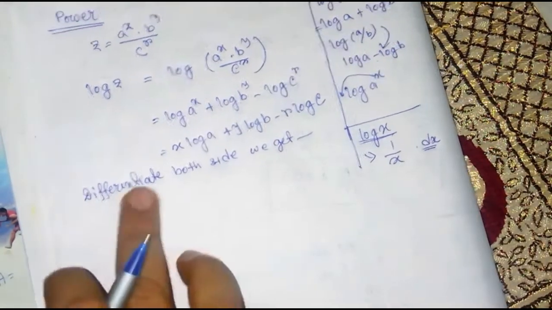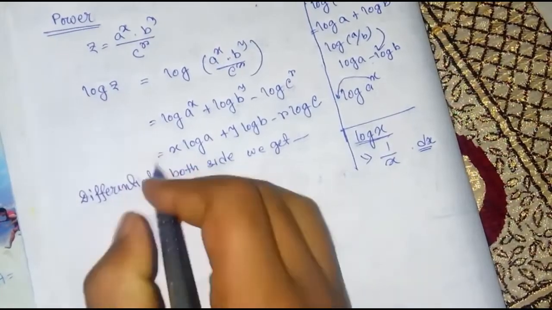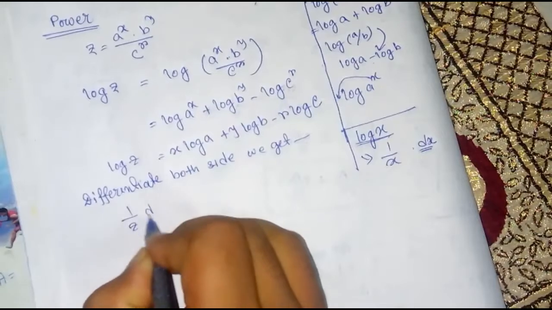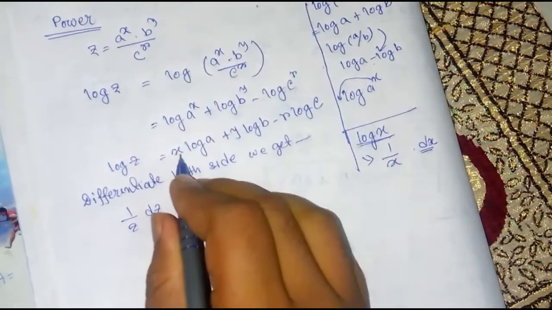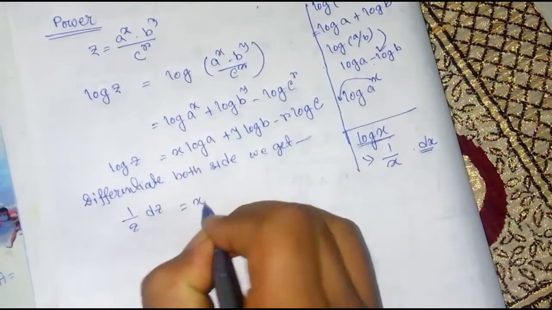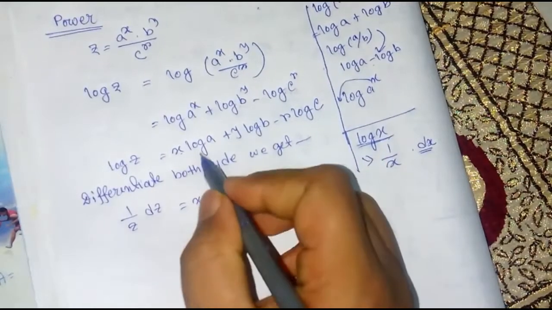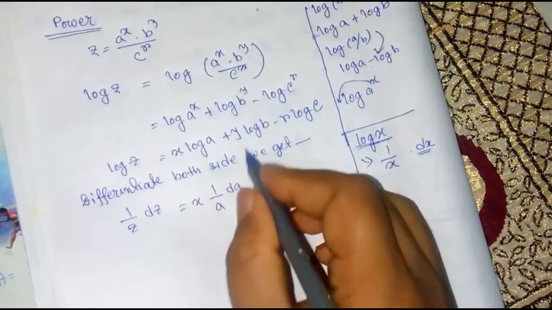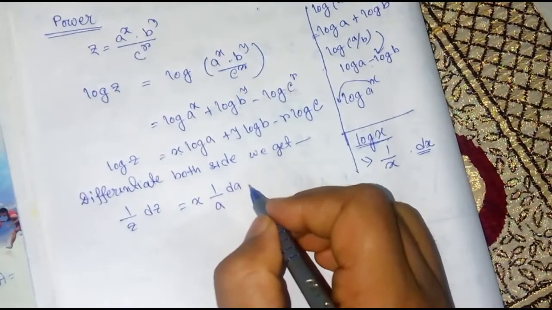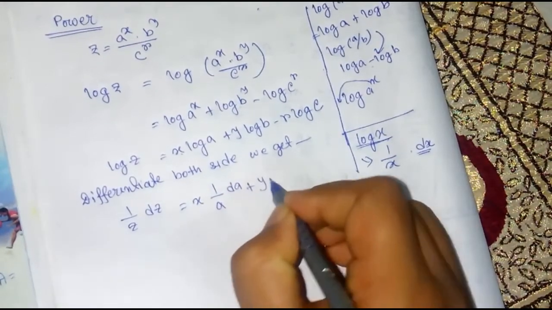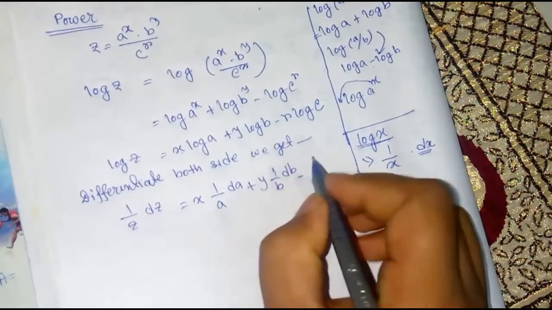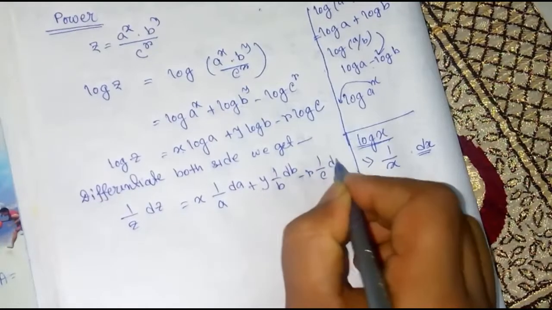Okay, so here see log z in the left hand side, so the value comes 1 by z dz. Okay, and here it is x log a, so x does not matter here, x is a constant, so it gives a value 1 by a da. It gives a value that is plus y 1 by b db, and minus r 1 by c dc.